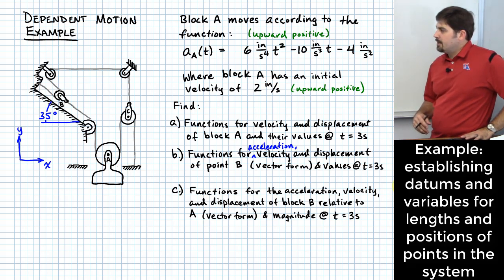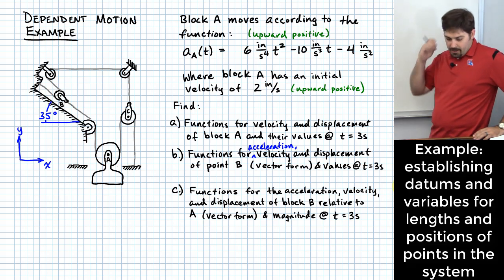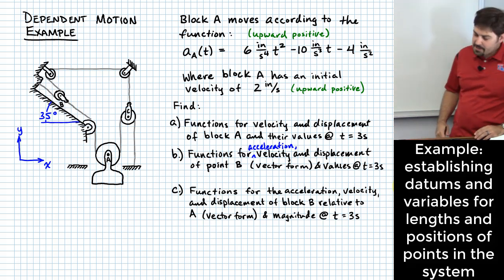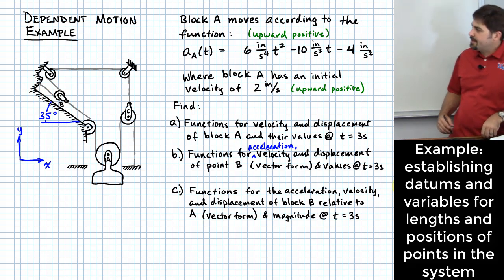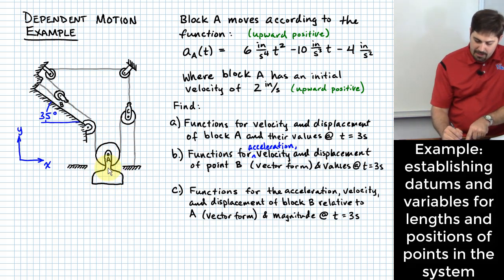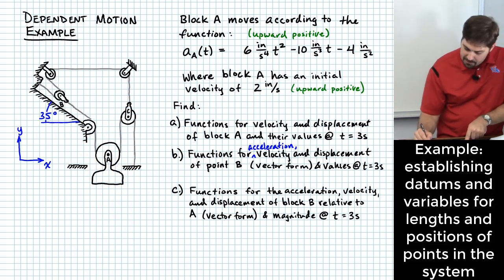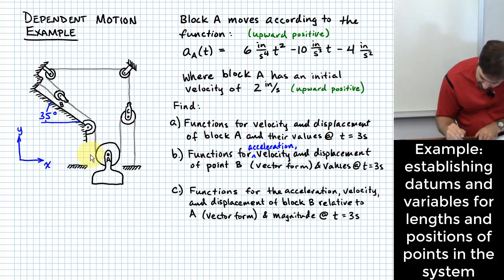Okay. Let me say, it looks to me like point A is certainly one that moves that I care about, right? And so what I'm going to do, kind of helped us out a little bit by showing this fixed surface down here. Now this pulley can kind of ride up and down in between that fixed surface, but it gives me a nice physical thing that I can identify and say, this is my datum, right?